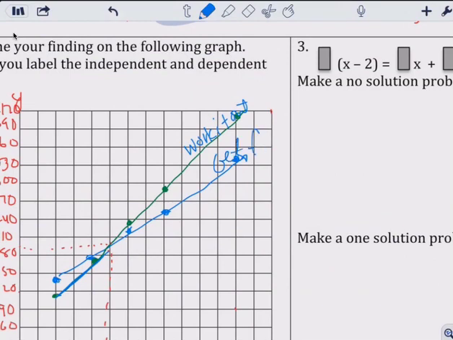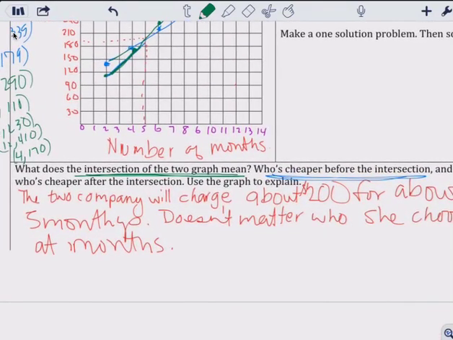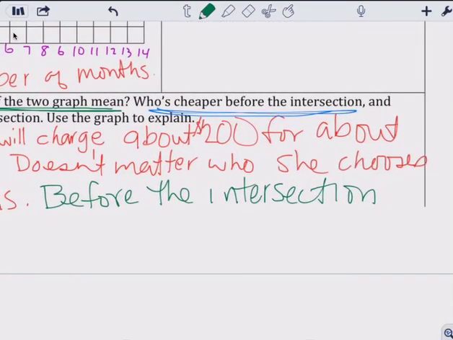It's cheaper anywhere on here because the other one's on top. The top one is the more expensive. So before the intersection, Work It Out is cheaper.